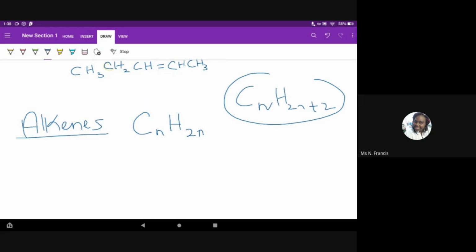What happens is that because you have the presence of the double bond, I now have one less bond for those carbons that possess the double bond. Remember, a carbon atom can hold a maximum of 4 bonds.